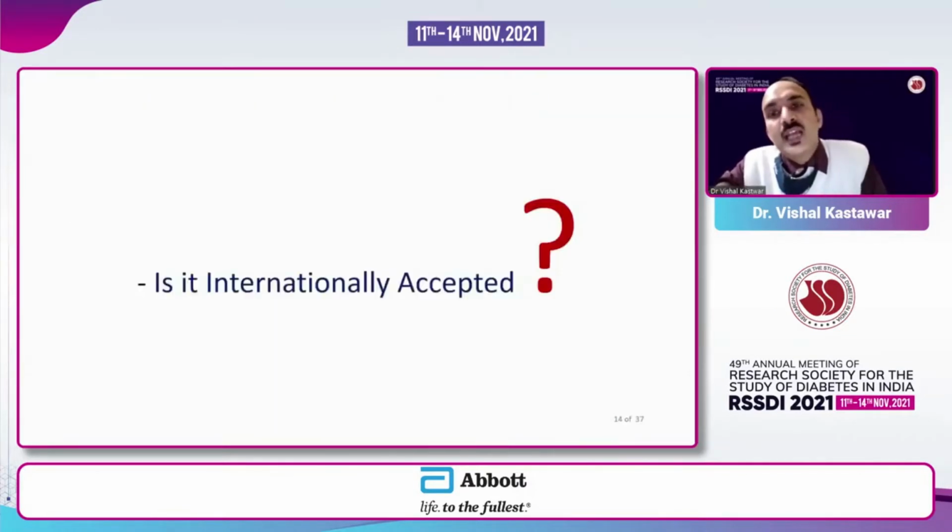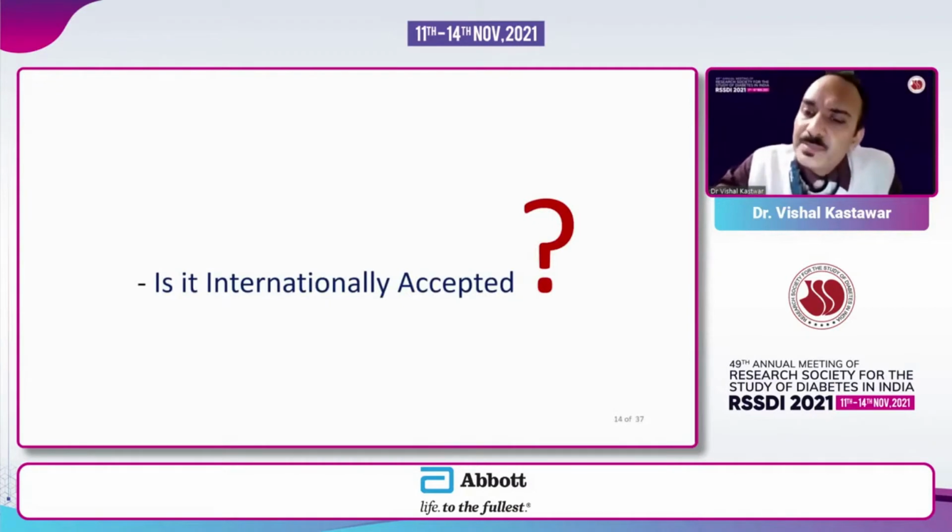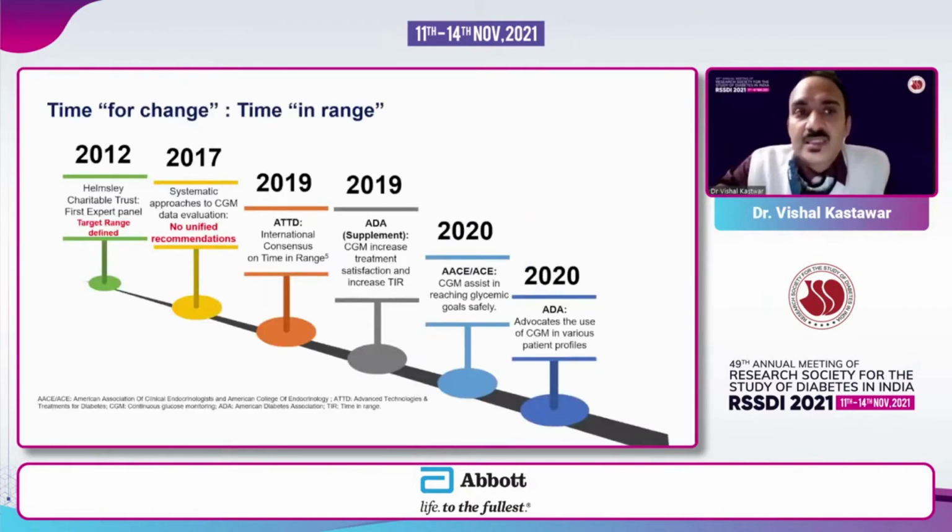Now we are discussing time in range, but is it an internationally accepted parameter? Yes. Time in range came into discussion first in 2012. In 2017, the ATTD Congress gave various parameters for evaluation of CGM data, and time in range was a very important parameter along with time above range and time below range.